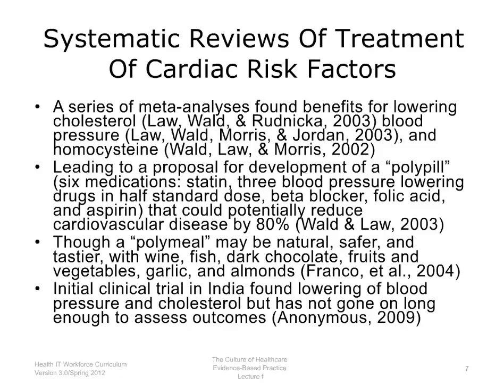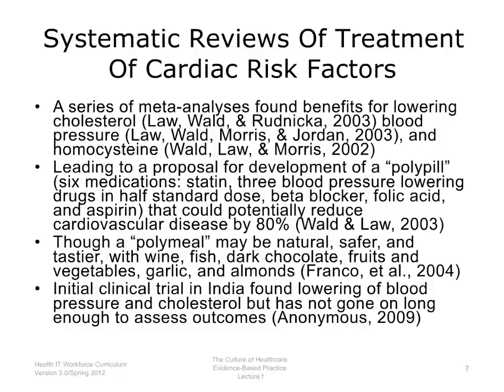Let's look at some examples of systematic reviews, in particular systematic reviews of the treatment of cardiac risk factors. There were a group of meta-analyses published in the early part of the last decade, finding benefits for lowering cholesterol either with statin drugs or with other types of drugs, or other interventions such as diet, blood pressure, and homocysteine.